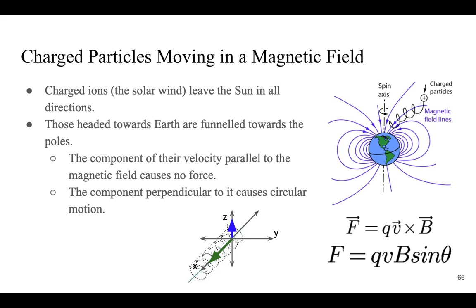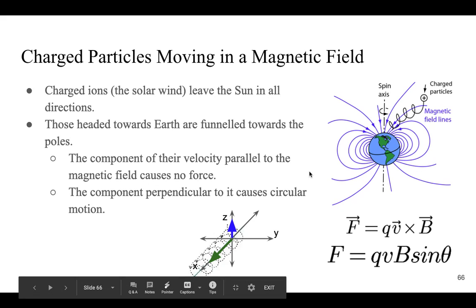The part of the velocity that is parallel to the magnetic field is not going to cause any force. So the charge would just want to keep going in that direction. However, the part of its velocity that is perpendicular to the Earth's magnetic field is going to cause it to move in a circular path, and so you're going to get this kind of helical motion down here.